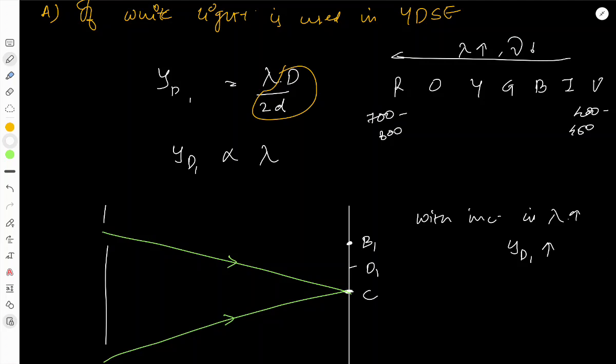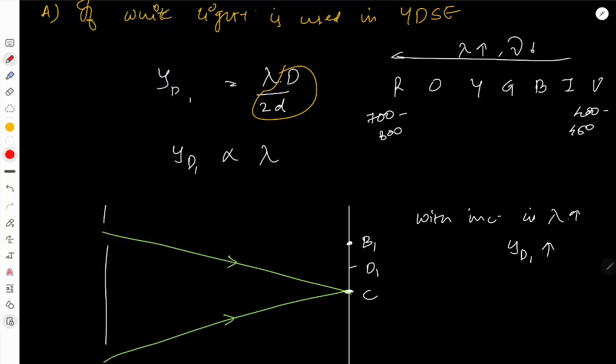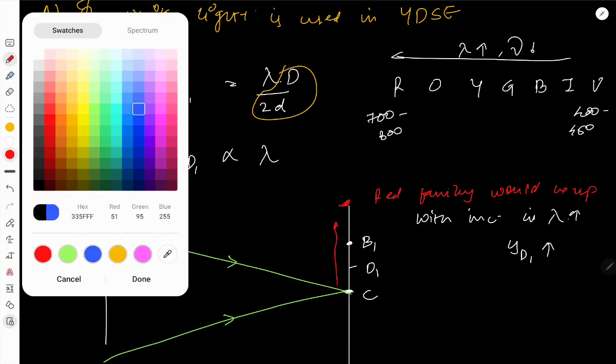So what I mean to say is that red color has the highest lambda, so its dark spot would go up, and hence the red family would appear up and the blue family would be down.